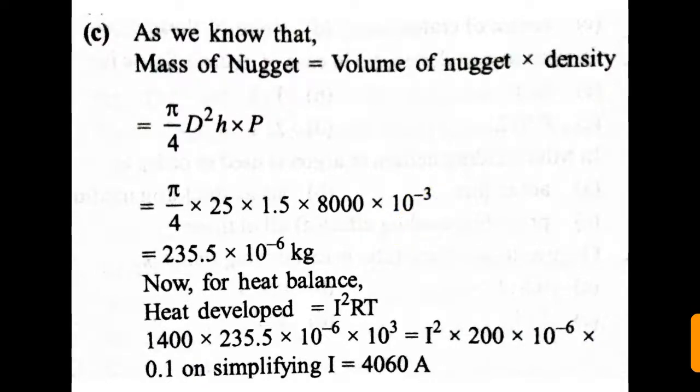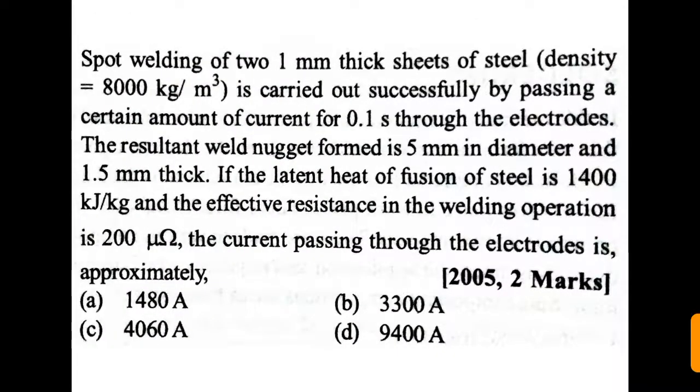Now for heat balance, heat developed is equal to I square R T. And how can we calculate the heat required? They are given the latent heat of fusion of steel as 1400.